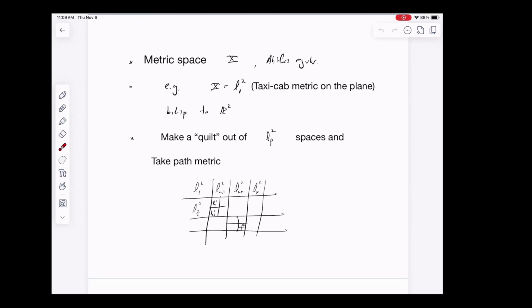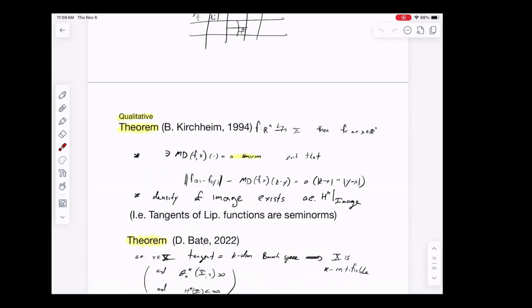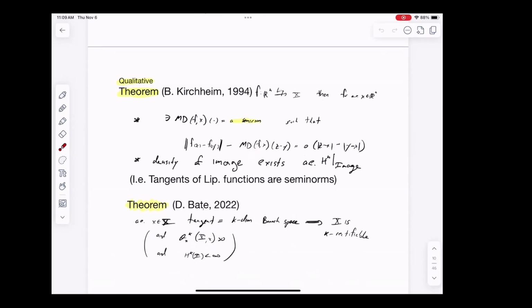The reason I'm saying this is because Kirchheim proved in '94 that if you have a Lipschitz image from R^n to X, again imagine that n equals 2 here, then you can approximate the metric in the image. This is supposed to be the distance in the image. You can approximate the distance in the image by a semi-norm on the domain.